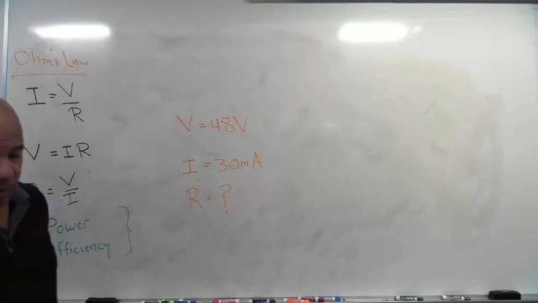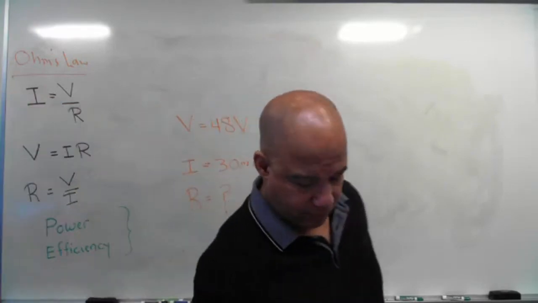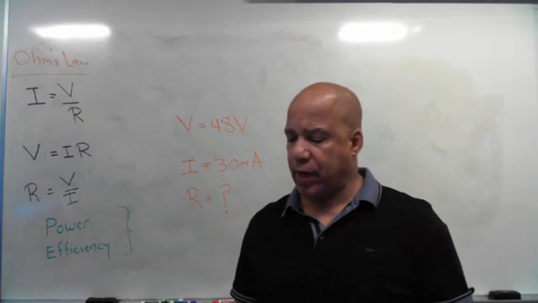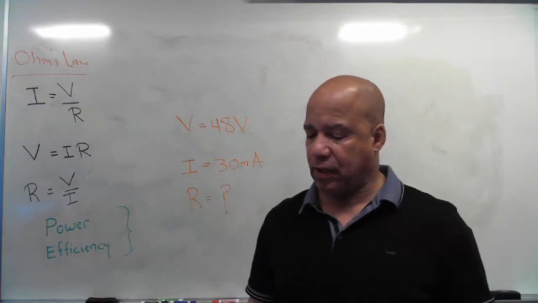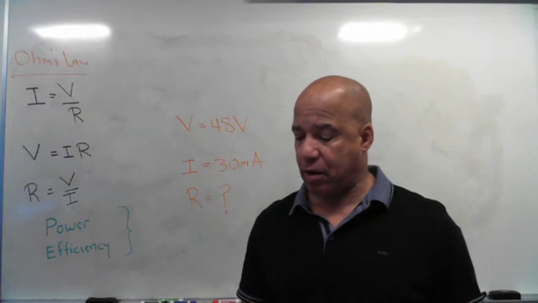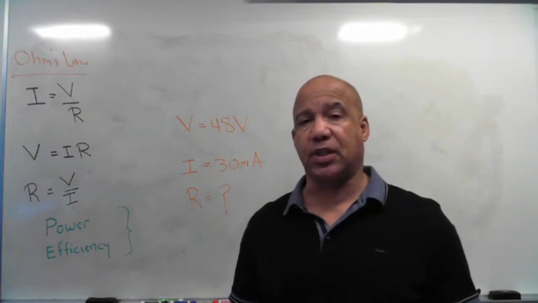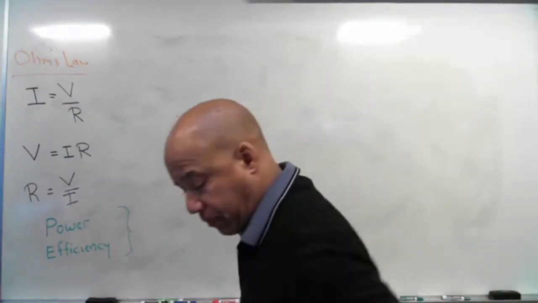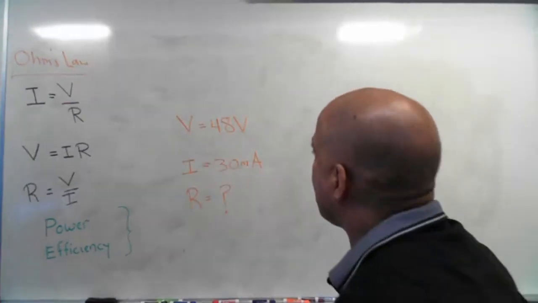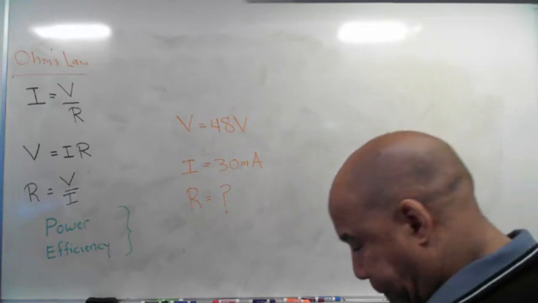All right. Problem number 2. It says you have a relay. Relay operates on 48 volts and it draws 30 milliamps of current. What's the resistance of the relay? What is a relay?